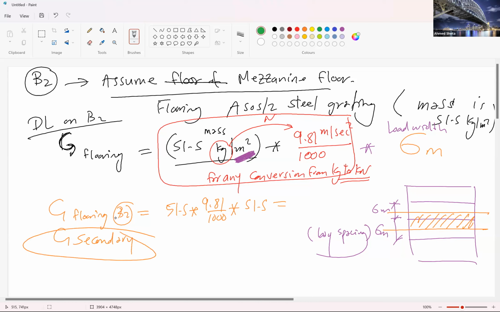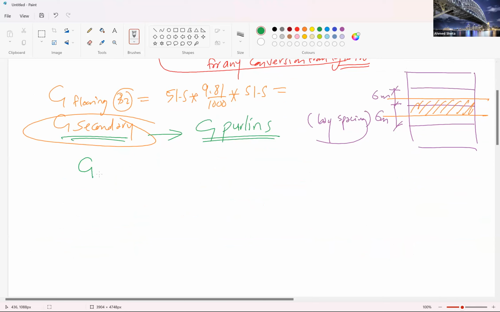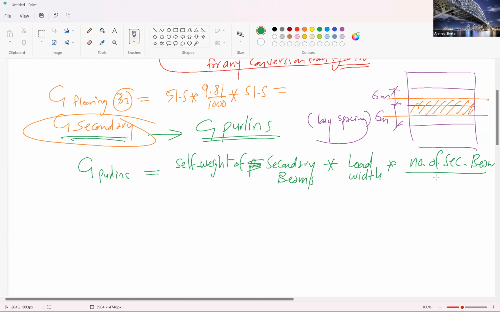If you have understood the previous example, the procedure to calculate the load for the secondary beam is similar to what we did in the previous example for purlins. So G on B2 for the secondary beams will be self weight of secondary beams times the load width times the number of secondary beams, divided by the span of B2.